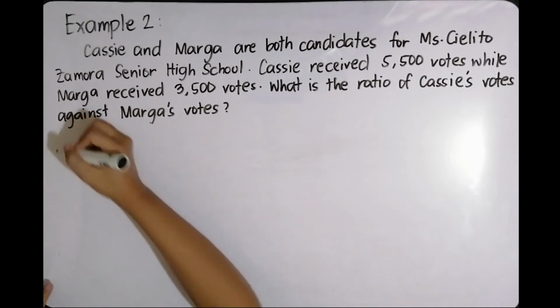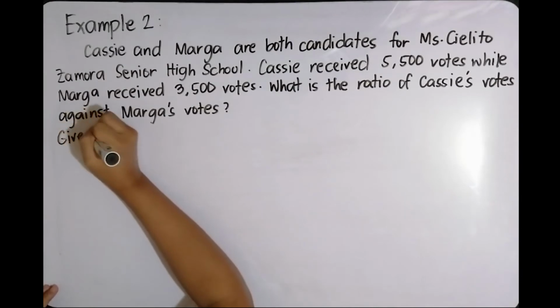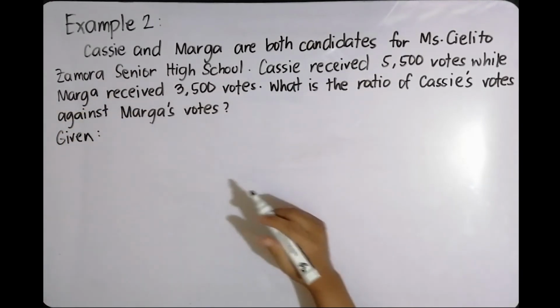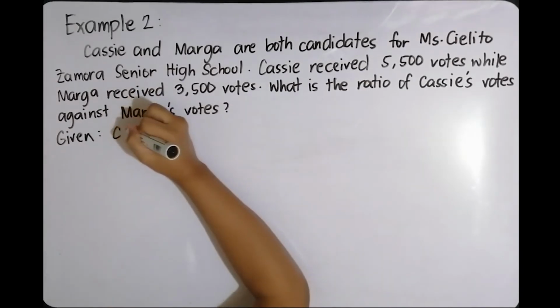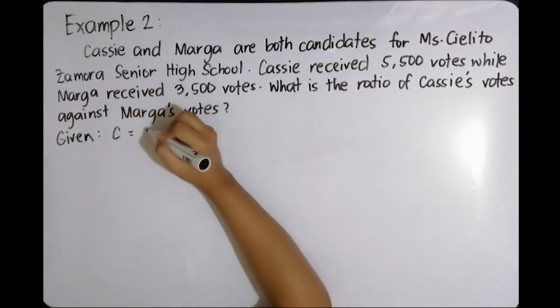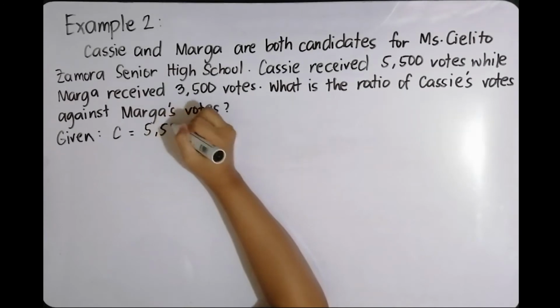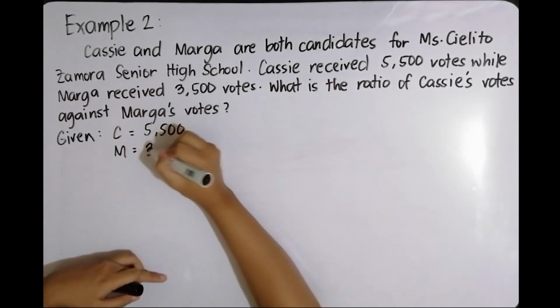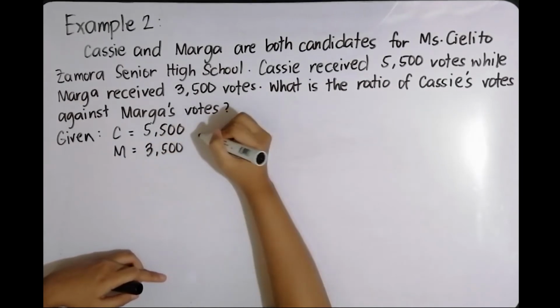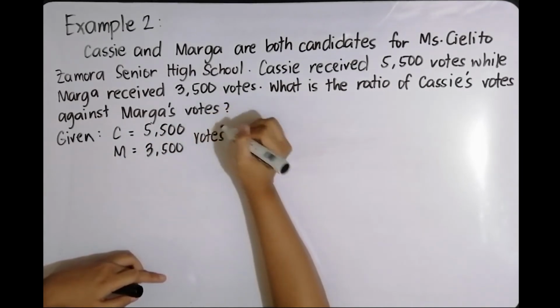So in this problem, we are given the votes for Cassie and Marga. For Cassie, we have 5,500 votes, and for Marga, we have 3,500 votes.